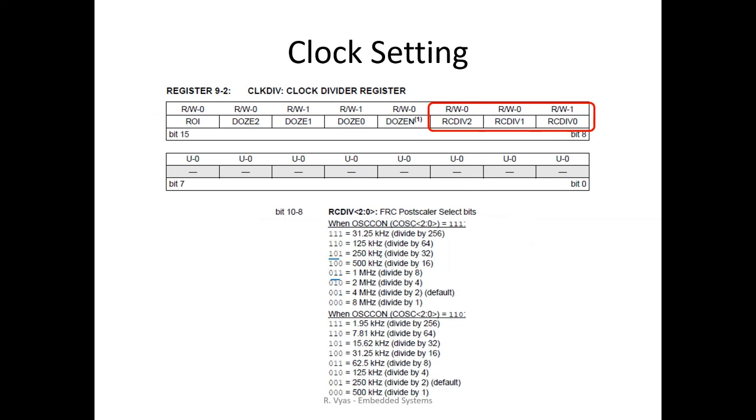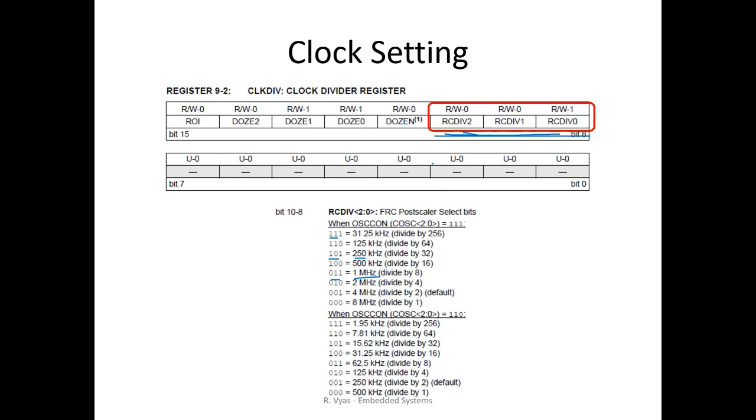That will take the 8 megahertz clock and generate speeds which are a fraction of that. That's done by writing values between 0 and 7 in the RC bits.